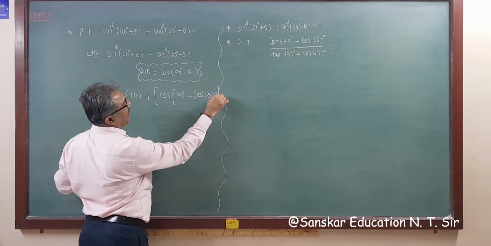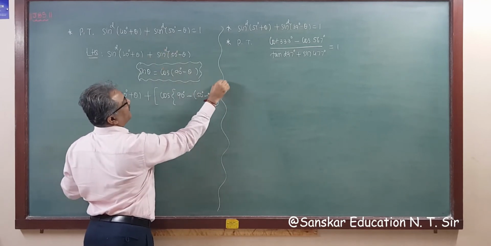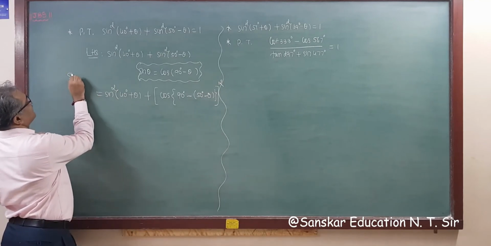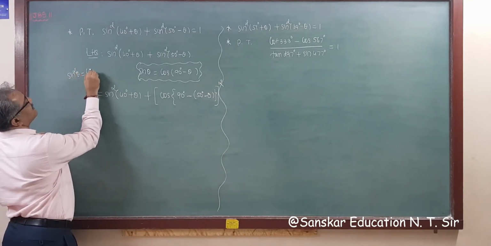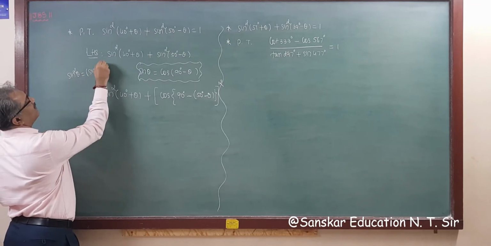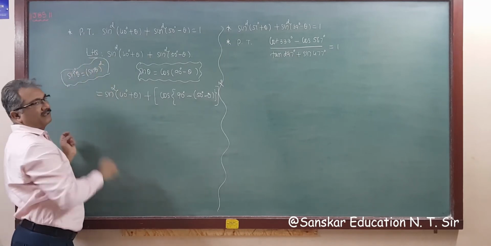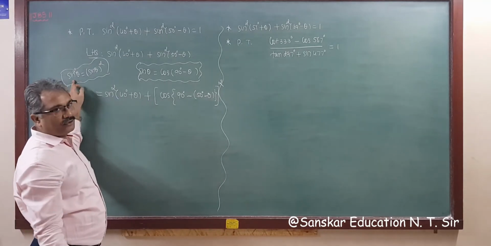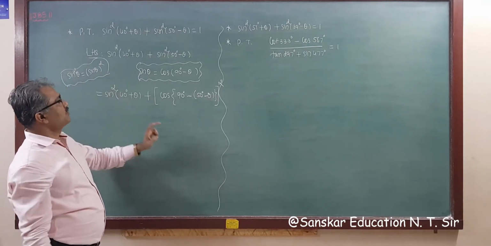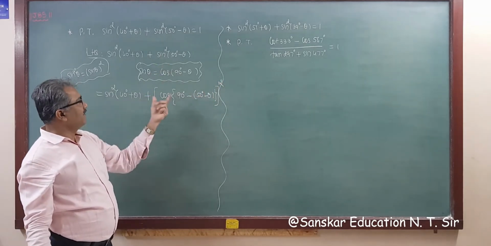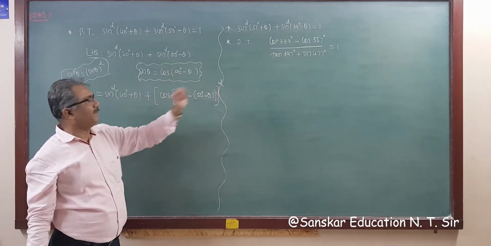Any problem? And this is square, meaning whole square, because sin square theta is sin theta whole square. This is the square of the function, not the square of the angle. So this can be written as cos square.